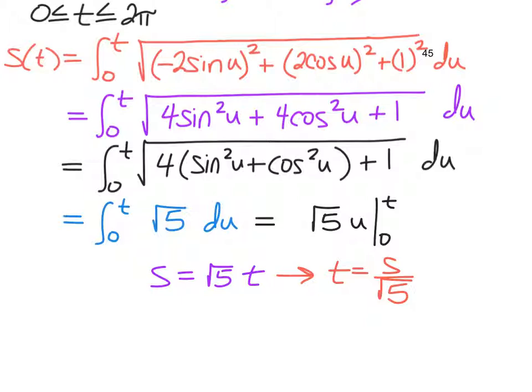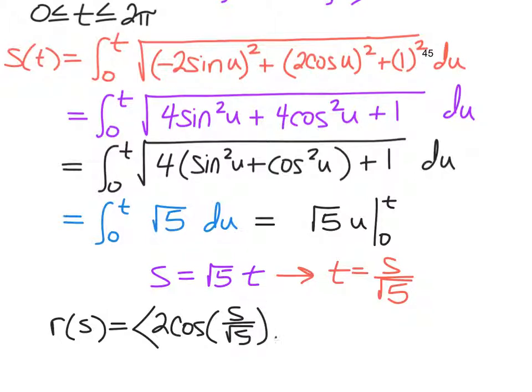So I'd be looking at r of s instead of r of t. It's going to be equal to 2 cosine s over the square root of 5, comma 2 sine s over the square root of 5, comma, instead of the last one was just a t, so just s over the square root of 5.